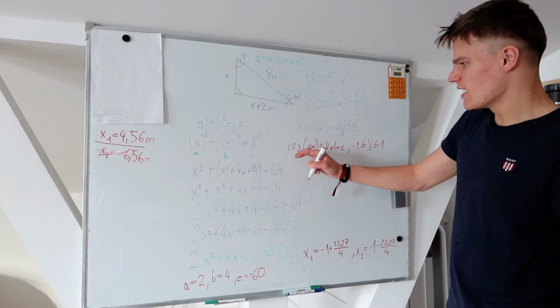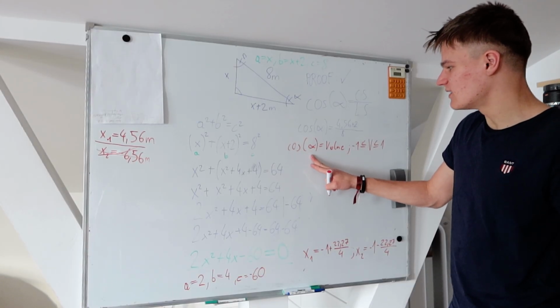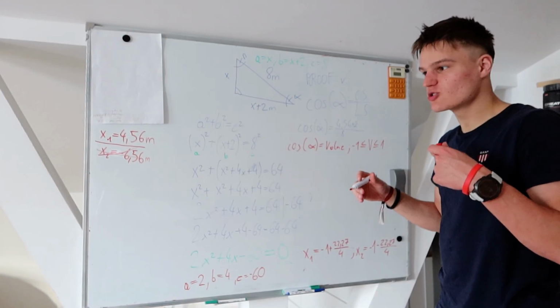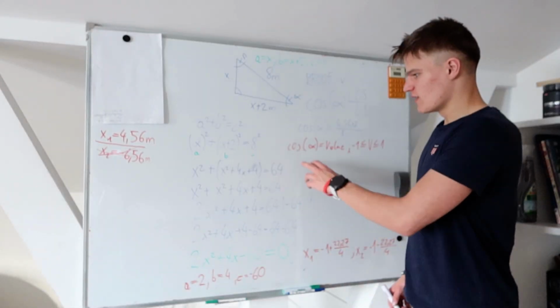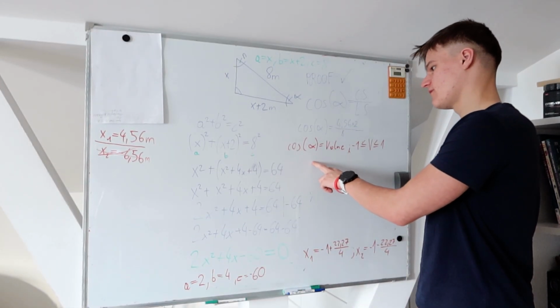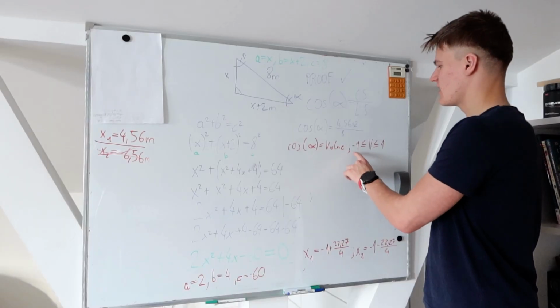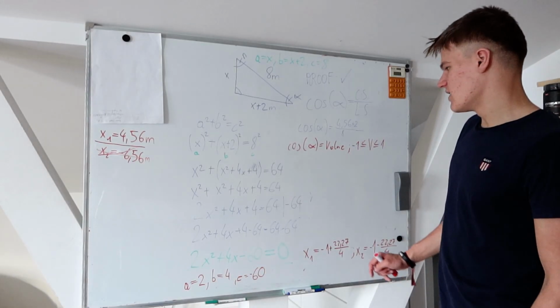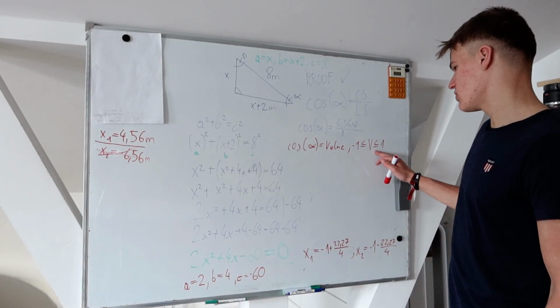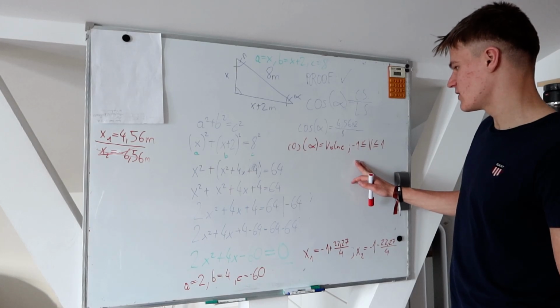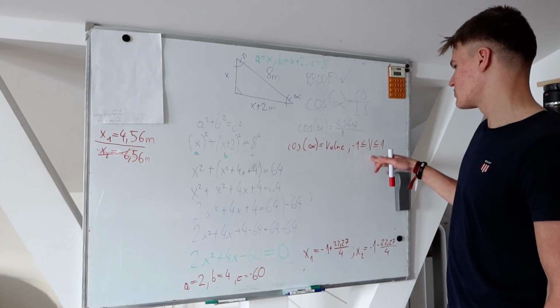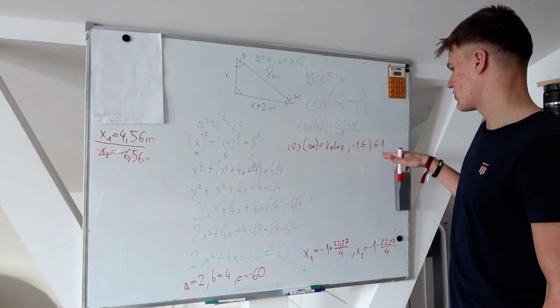So again, we have to plug in an angle to get a value, and we just do it in opposite. Cosine of an angle gives us a value, and the value can go from -1 all the way to 1, right? So -1 is smaller or equal to value, and the value is smaller or equal to 1.